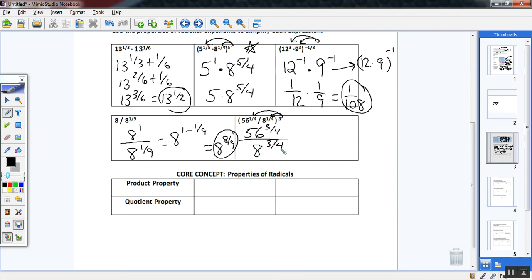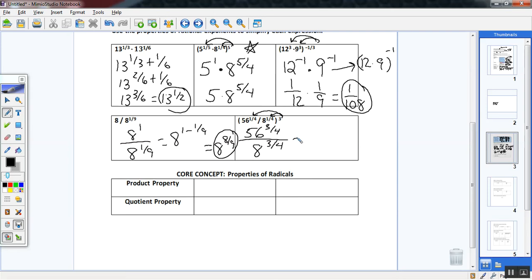Okay, now let me show you what's going on here. Guys, we taught these rules all the time. They work the same forward as they do backward. If the left side is equal to the right side, then that means the right side is equal to what? Left side. If I say 2 plus 2 is equal to 4, I can say, well, 4 is also equal to what? 2 plus 2 working backwards. Well, kids, it's almost like somebody had 56 over 8 right here, and they brought in what exponent each time?